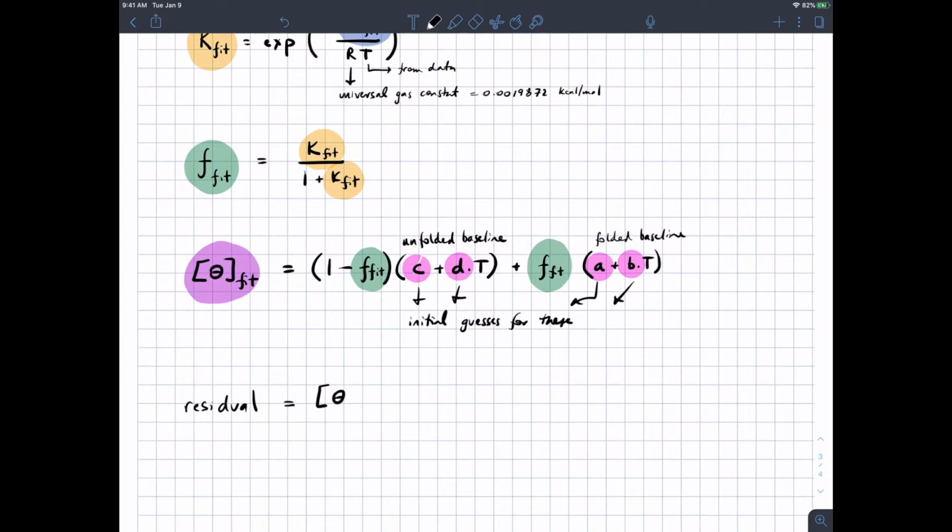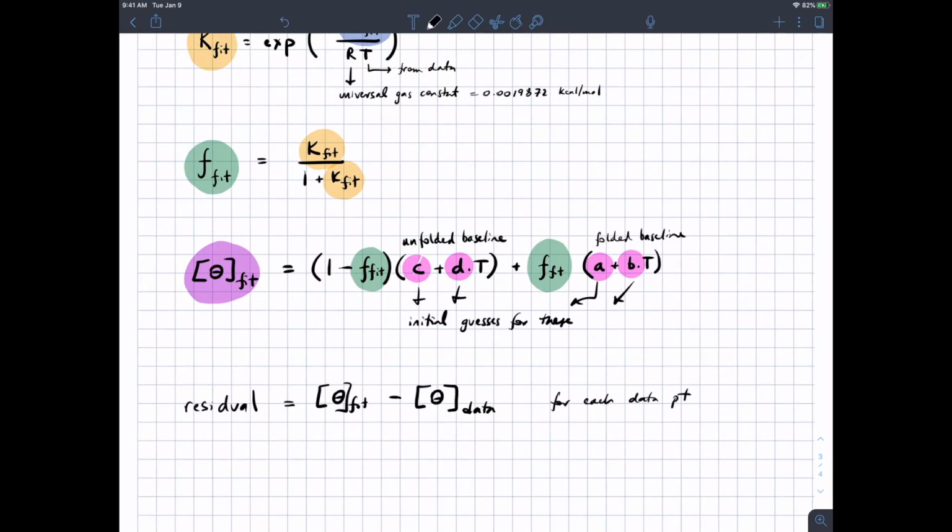Now this is going to be molar ellipticity of the fit minus molar ellipticity from our data that we've observed. This is just going to be the difference. And of course, sometimes, based on our initial guess, that difference may be positive, sometimes it might be negative. But we want that difference to be as small as possible for each data point.